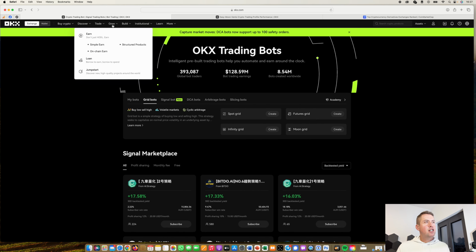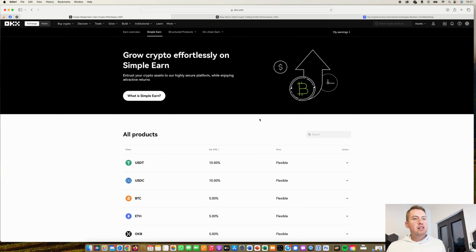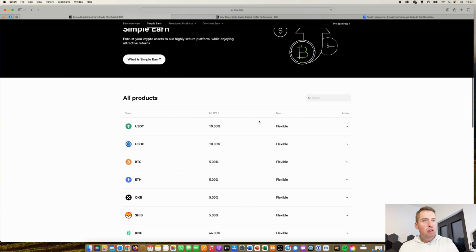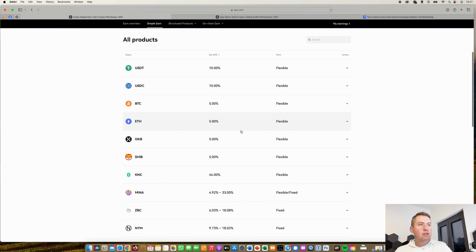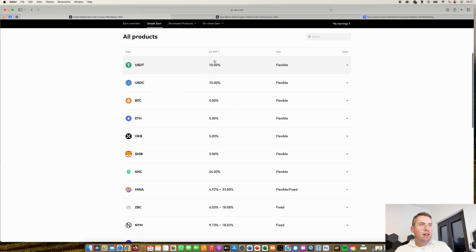And then there's a section that you should also know about. It's called Earn or Grow. It's basically the option to earn interest on a certain cryptocurrency. As you can see, the yearly interest rate here, so the APR.